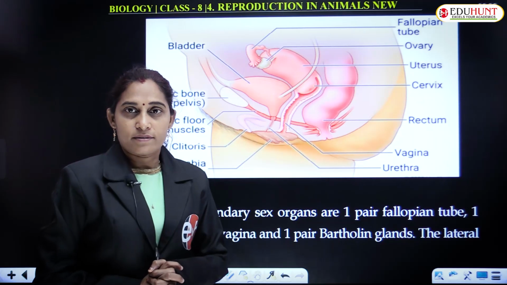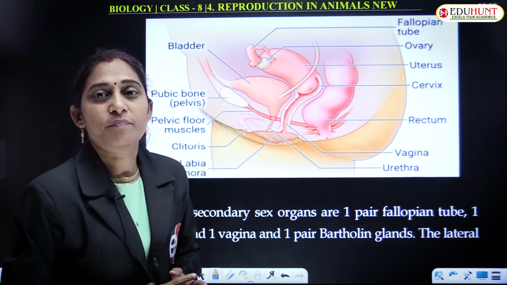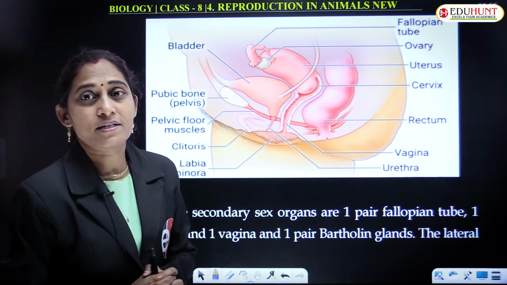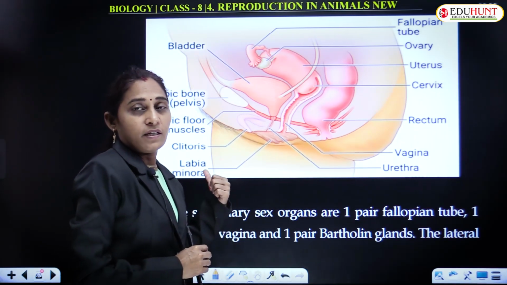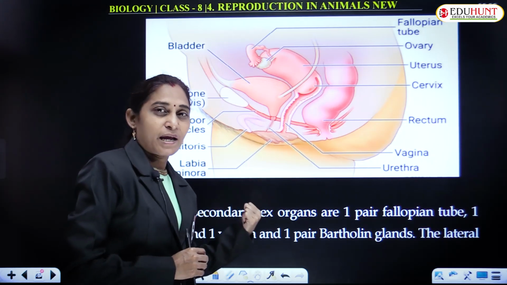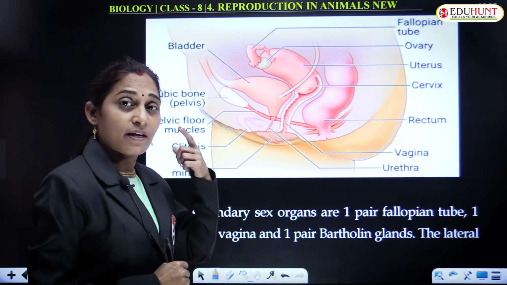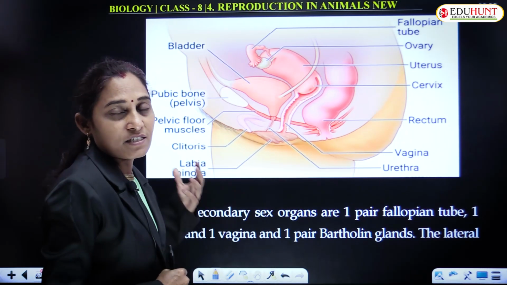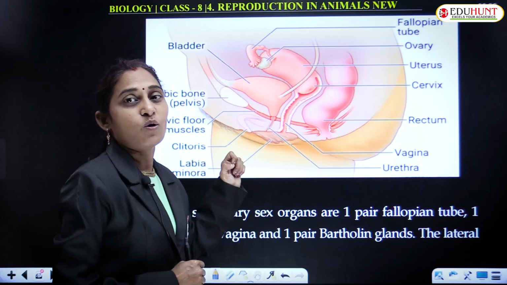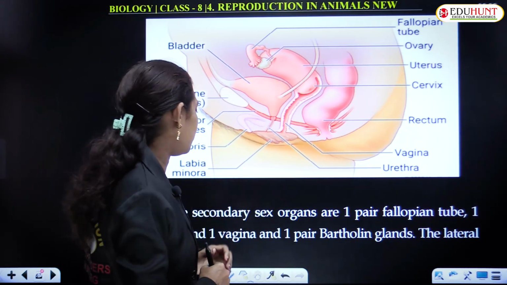In male reproductive system also we have mentioned the primary and secondary sexual organs. In the same way, here the primary reproductive organs of the female are a pair of ovaries, whereas in male there are a pair of testes.